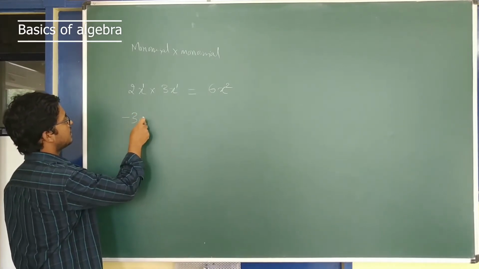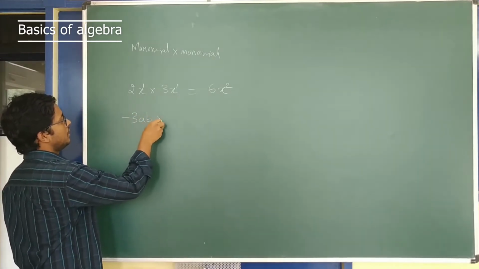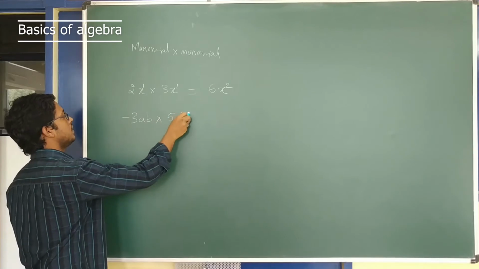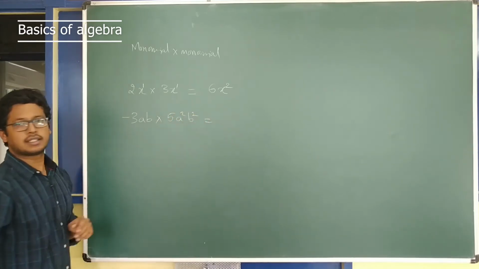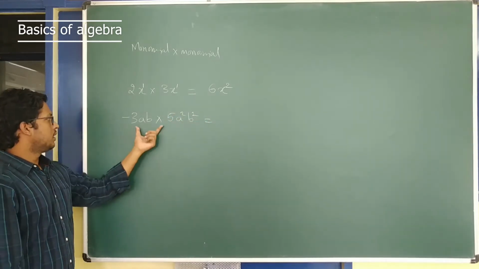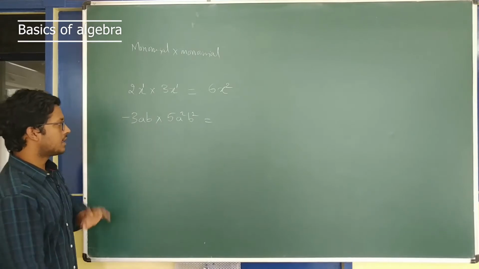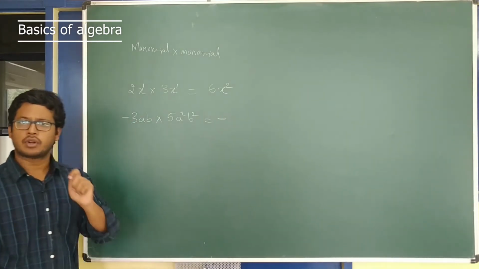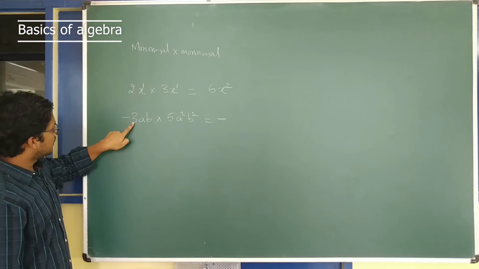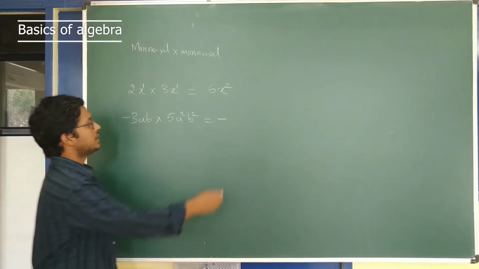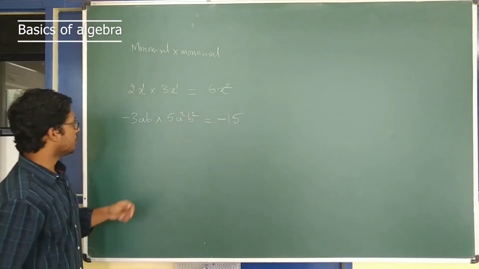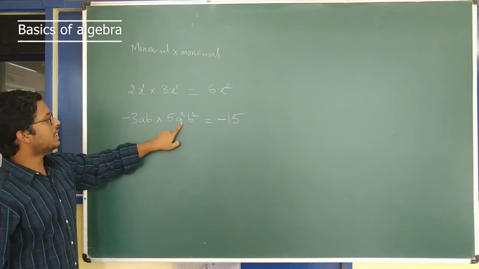Let us take another example. Let us say minus 3ab into 5a square b square. Minus into plus, the answer will be minus. Here we do not care about bigger number sign. Then we have 3 into 5, which is 15. Then we are multiplying a and a square.